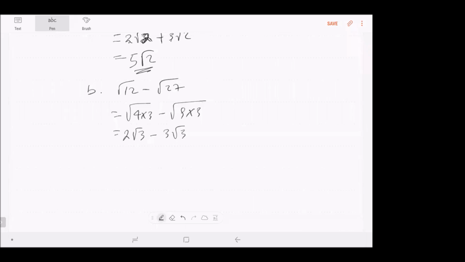Remember, after you convert the radicals into like radicals, you add or subtract only the coefficients, the radical as it is, just like variables. Here the coefficient is 2, here is 3, 2 minus 3 is minus 1. So minus 1 times the square root of 3. Most of the time, 1 is not written, so you can put the answer as minus the square root of 3.